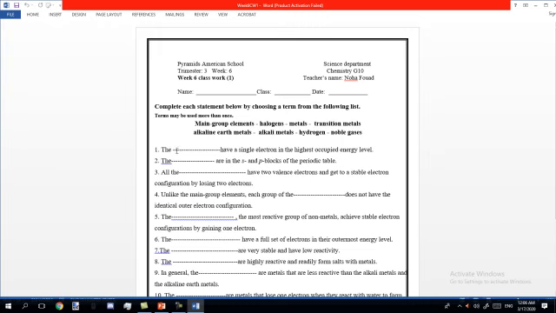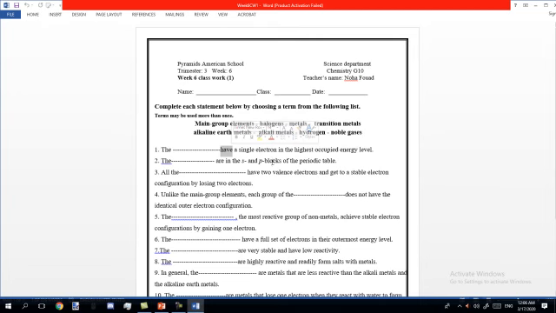Number 1. The dash have a single electron in the highest occupied energy level. Who have a single electron in the highest occupied energy level? Someone may say hydrogen, but I'll see here, all of you have.